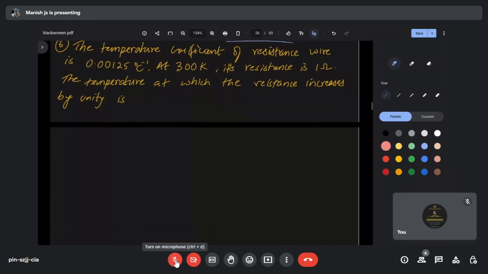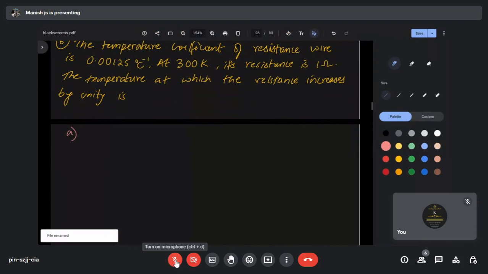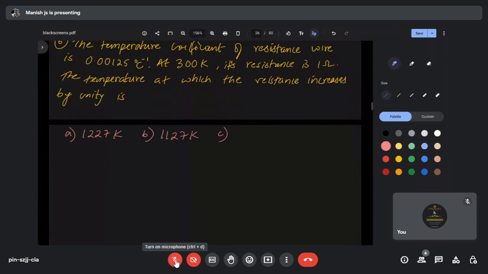Option A, 1227 Kelvin. Option B, 1127 Kelvin. Option C, 1327 Kelvin, and option D, 1117 Kelvin. Okay, so these are the options.